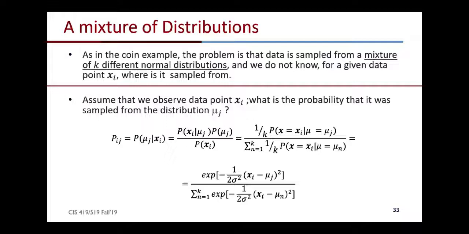And this is P of x equal xi, given that mu is mu j. And here I'm just normalizing. I know how to write this because I'm assuming it's a Gaussian distribution. So this is e to the minus (xi minus mu j) squared divided by this constant, and that's my Pij.